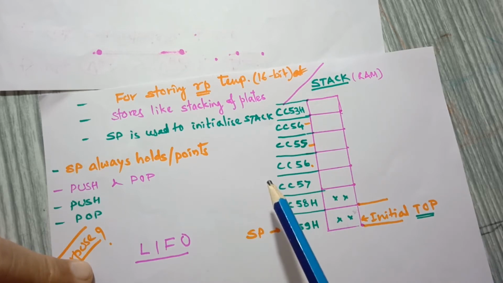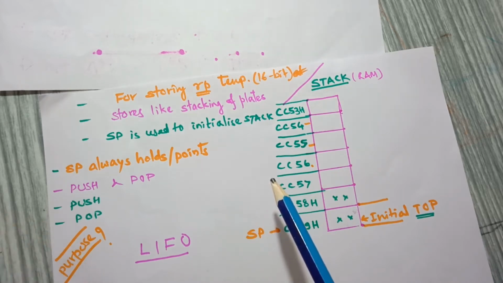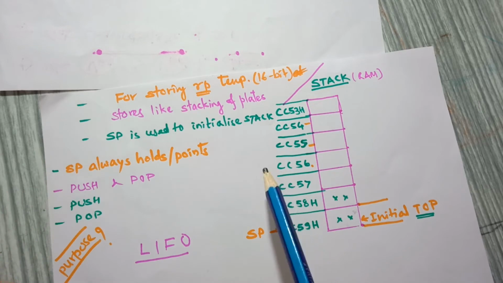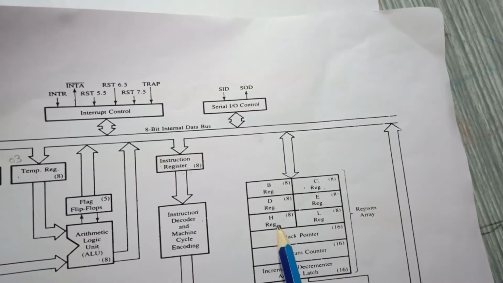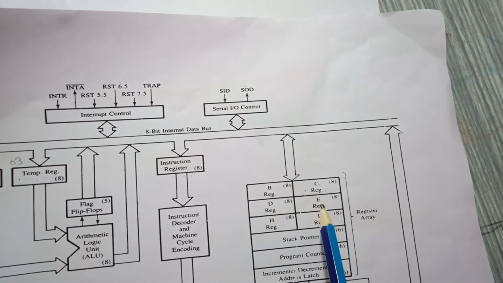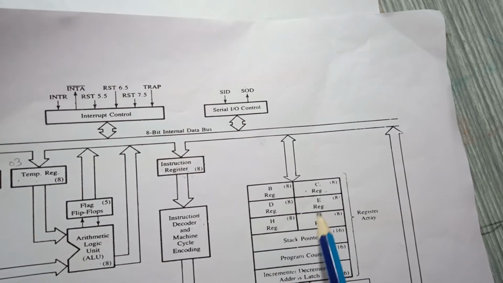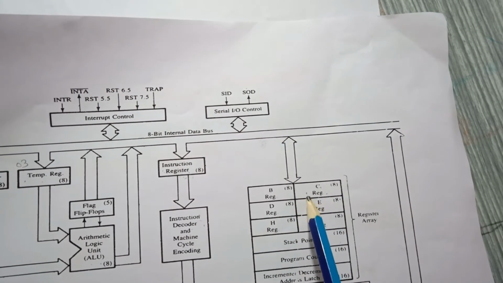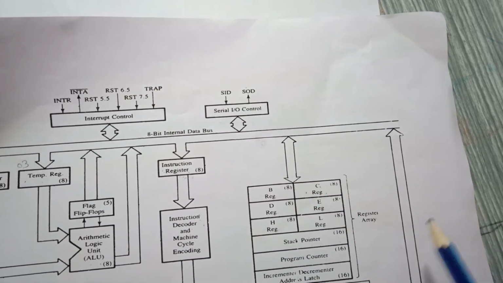8085 has 16-bit register pairs, that is register pair BC, register pair DE, register pair HL. These register pair contents can be stored temporarily to the stack.